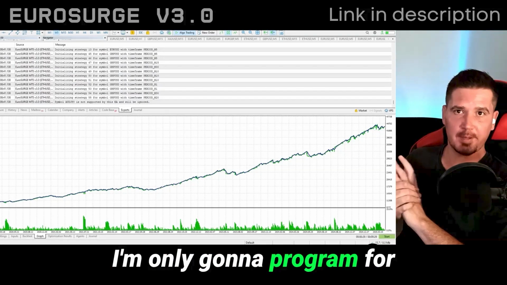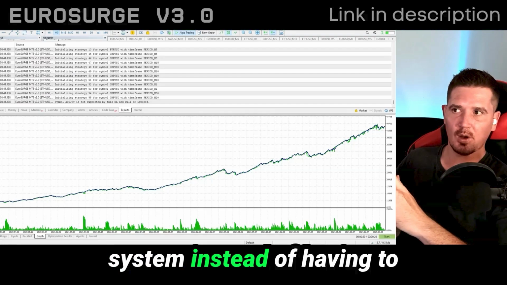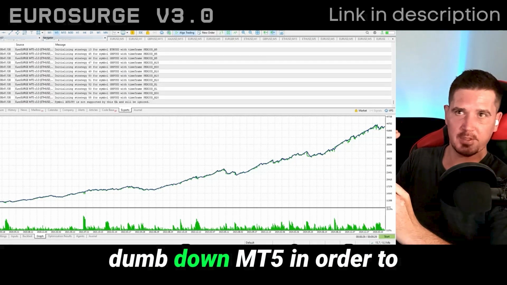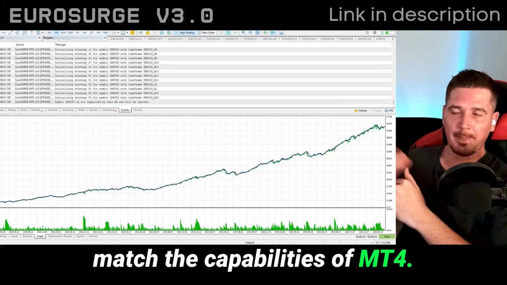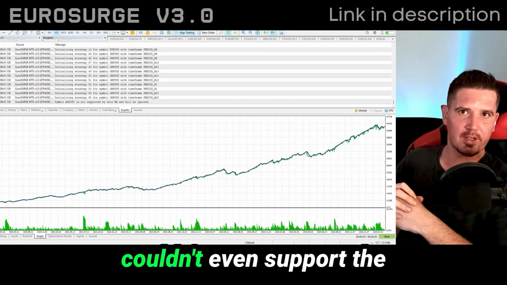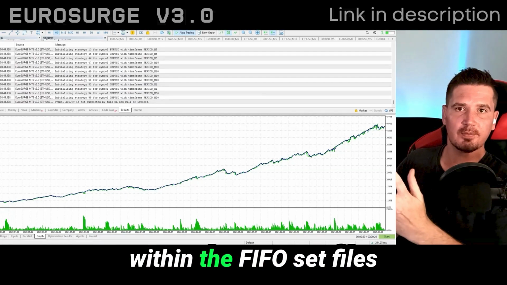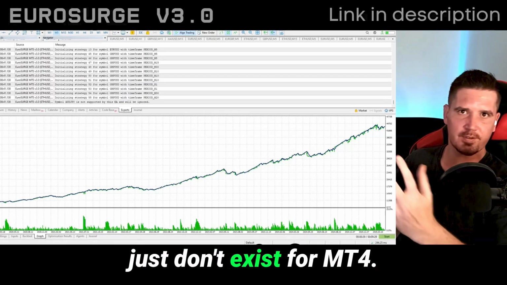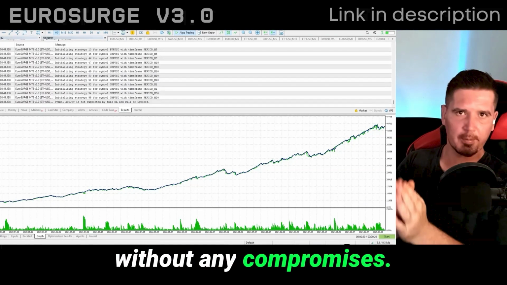I'm only going to program for MT5 because that means I can create one very good system instead of having to dumb down MT5 in order to match the capabilities of MT4. For the longest time, MT4 couldn't even support the FIFO set files because the timeframes used within the FIFO set files just don't exist for MT4. So I can give you the best without any compromises.